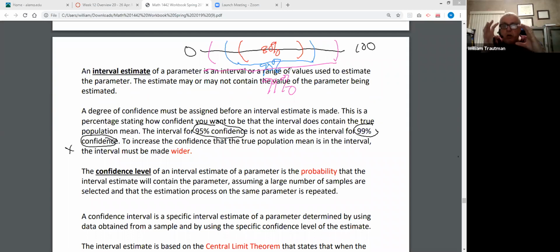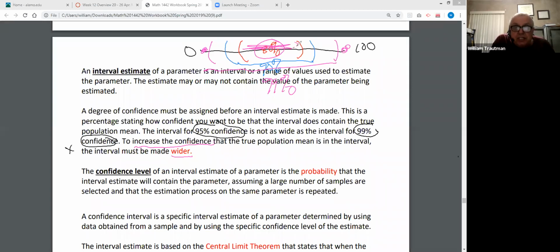The more narrow you have, the less confident in reality you are, right? Because if I say I'm 80% confident your grades will fall in this range, well, if you score really low or you score really high, you're not within that range. So what this says is to increase confidence, the interval must be made wider.